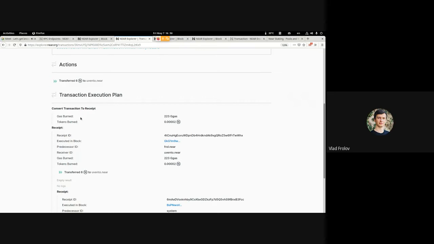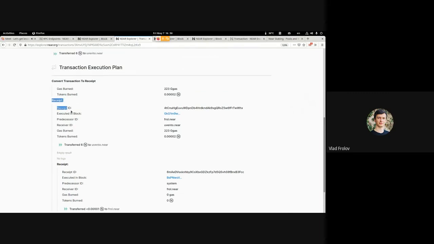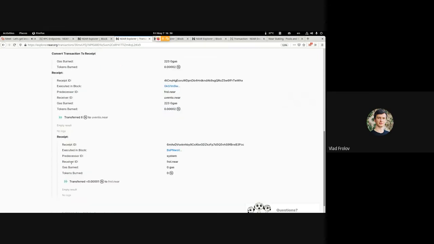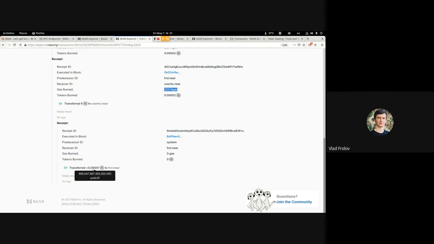The validator pre-charged my account immediately at this stage, and then produced a receipt to refund unused tokens. So it pre-charged to potentially execute a potentially very complex receipt, but it turned out we don't need all of those pre-charged tokens for the gas. We used so little gas, so we were refunded by the NEAR protocol.